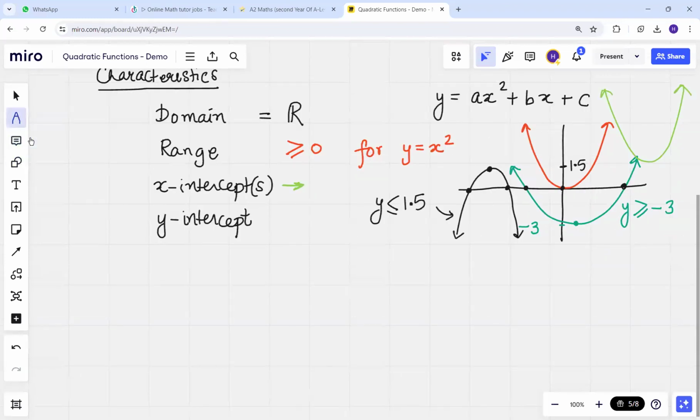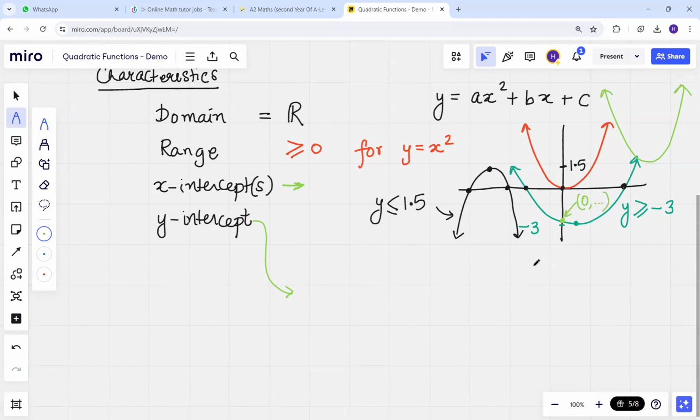The y-intercept means the x value is 0, because the y-intercept is somewhere on the y-axis. Like this one, the y-intercept of this green function is here. This is (0, some number).